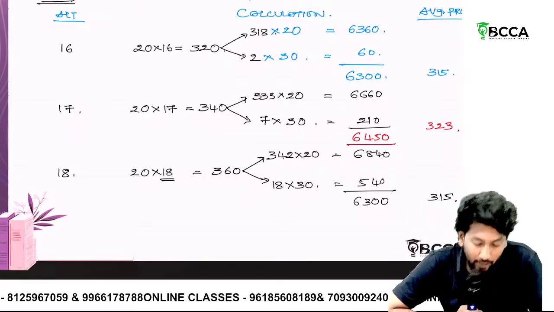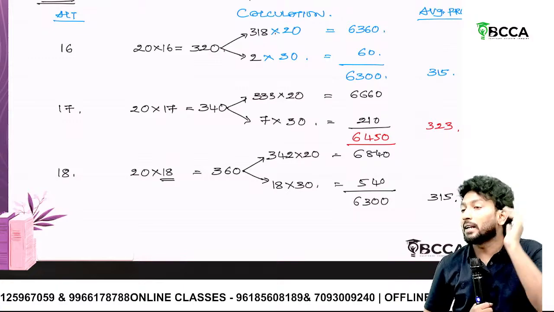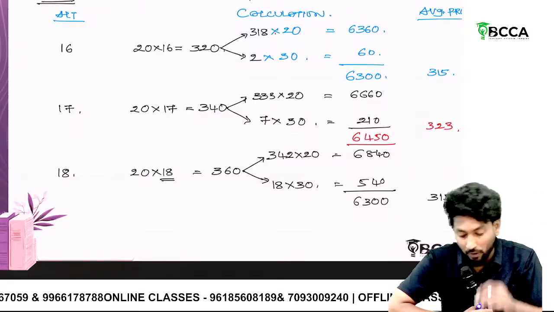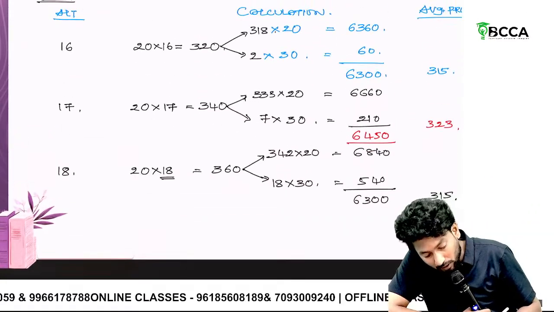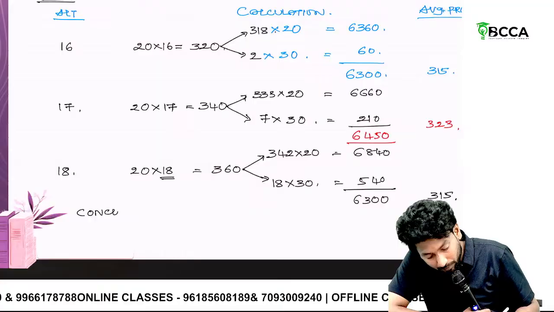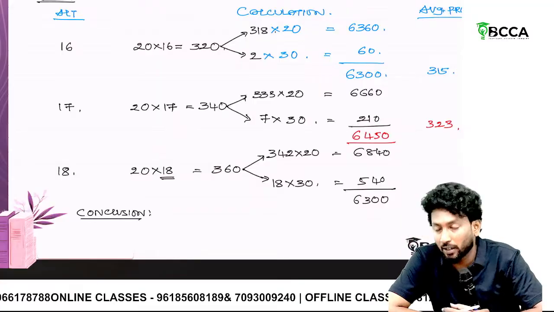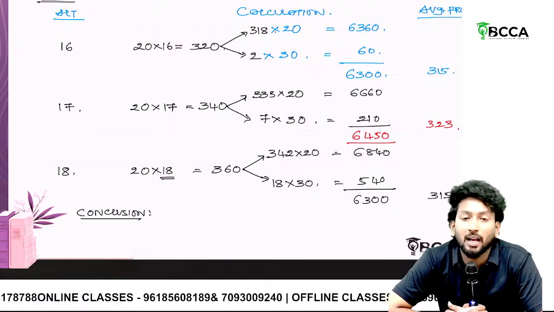In which alternative will the manager get the highest average profit, or the highest net profit? The 17 book alternative. So write the conclusion. In the 17 book alternative, the manager will get the highest average profit.